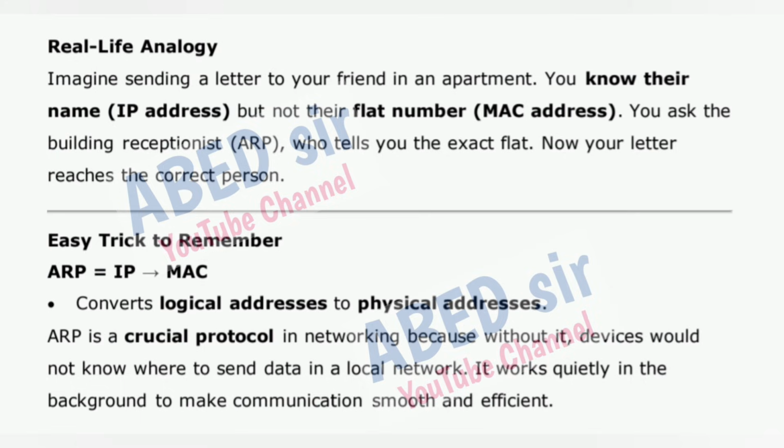Easy trick to remember: ARP equals IP to MAC. Converts logical addresses to physical addresses. ARP is a crucial protocol in networking because without it, devices would not know where to send data in a local network. It works quietly in the background to make communication smooth and efficient.